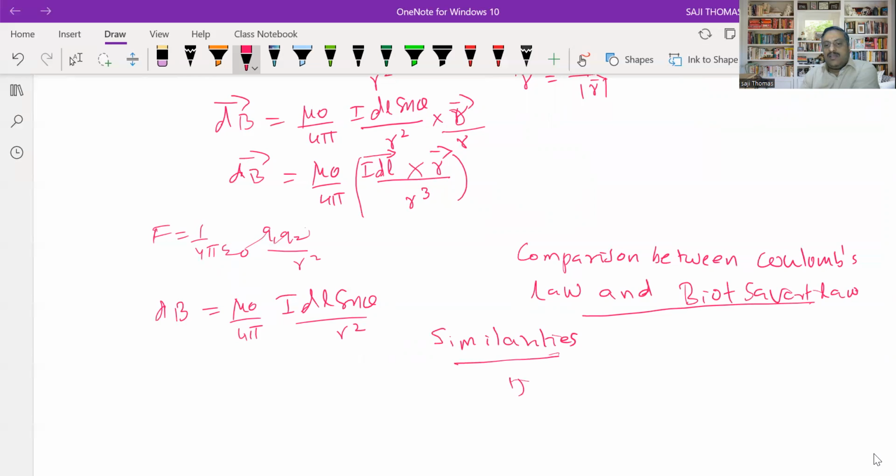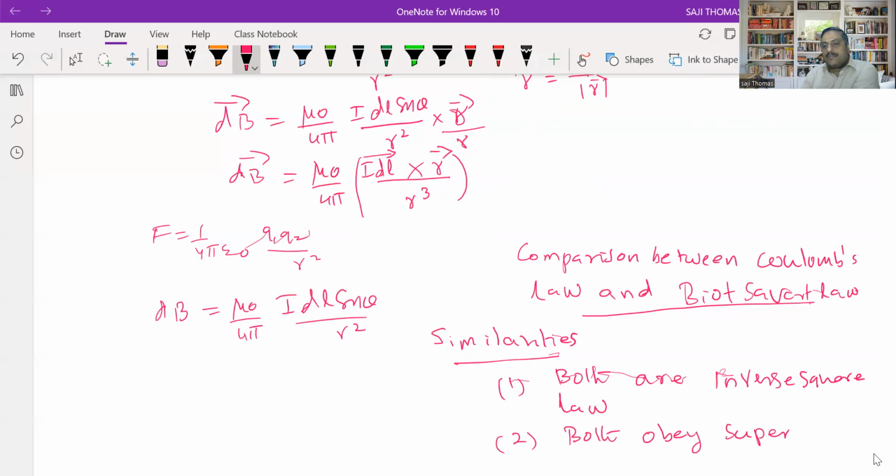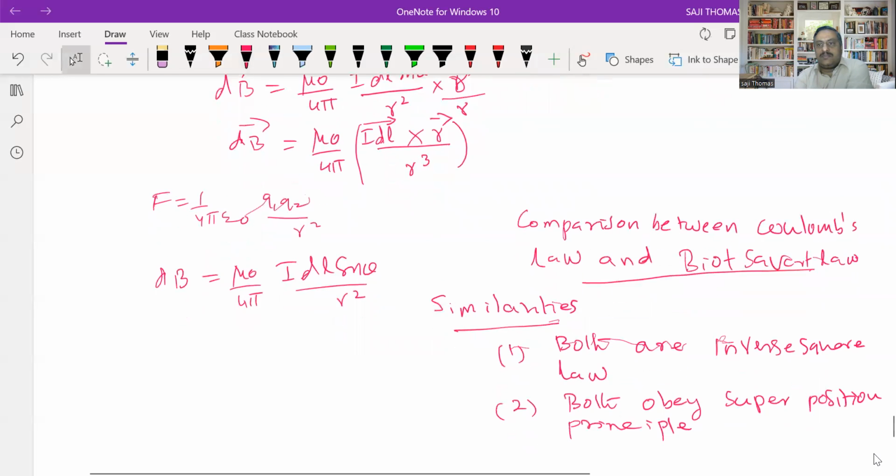First similarity: both obey the inverse square law. Second similarity: both obey the superposition principle.